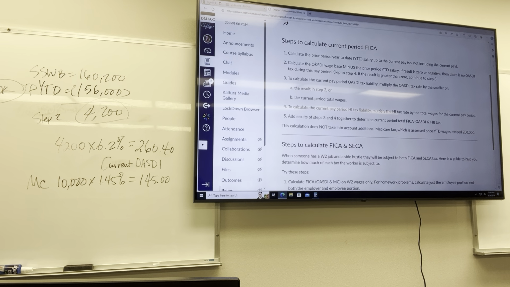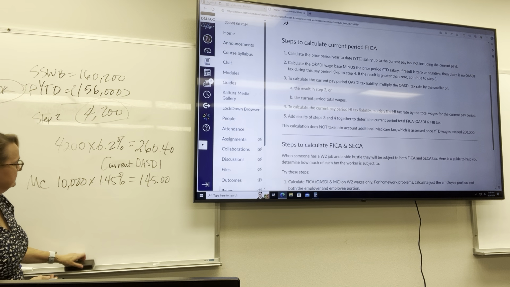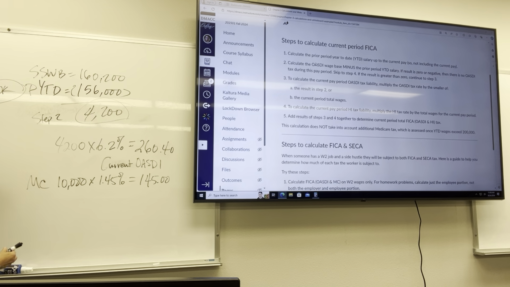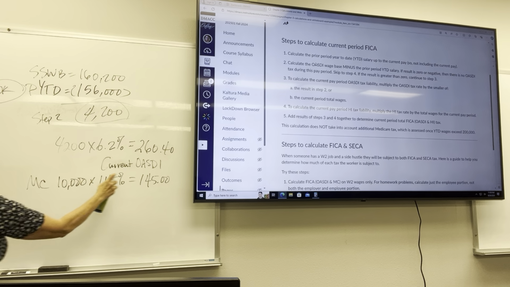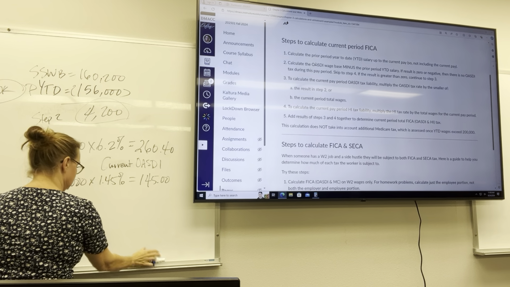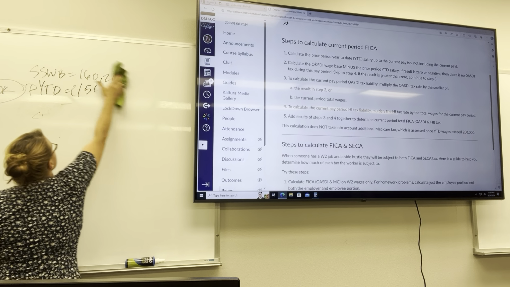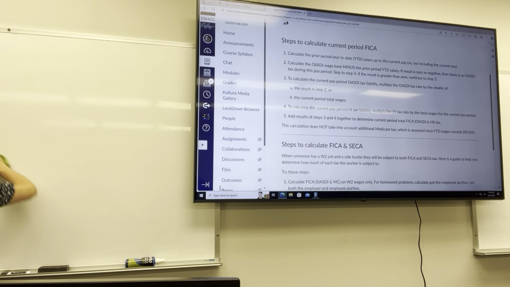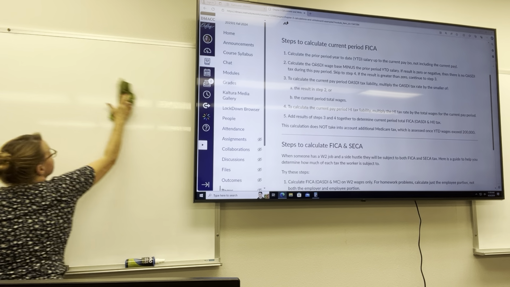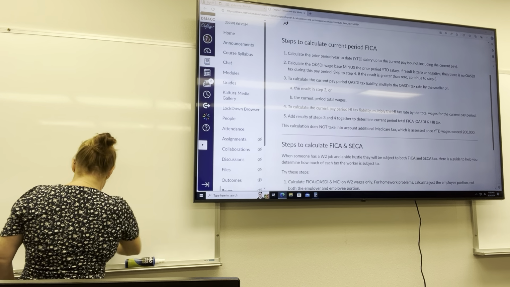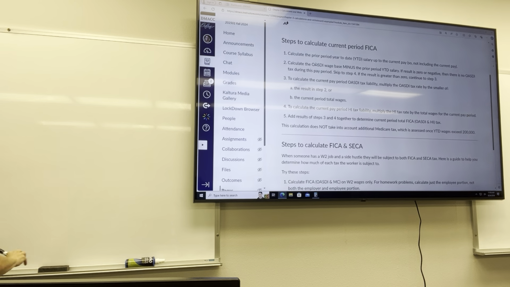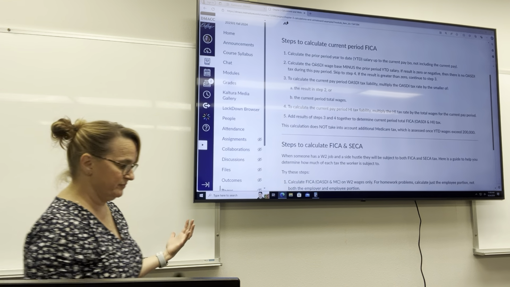Let's do another example where, let's change things up a little bit, to show how this works regardless of what that wage level is.